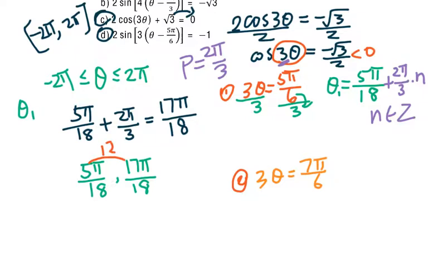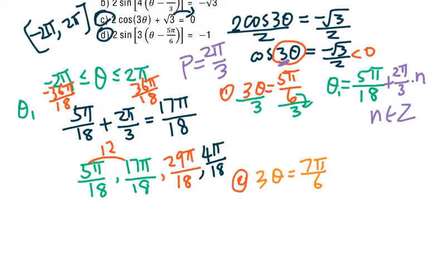So the denominator will be 18. Then I can write down here is negative 36 pi over 18. So I add 12. For next one, I got 29 pi over 18. I add 12 again, it's 41 pi over 18. Definitely you need to cross this out because it's greater than 36 pi.